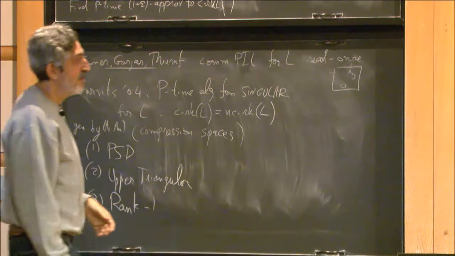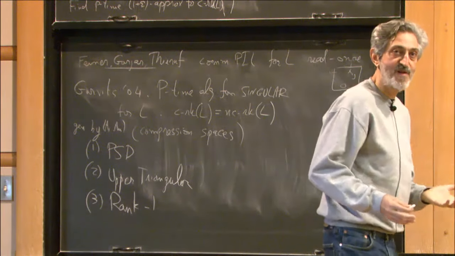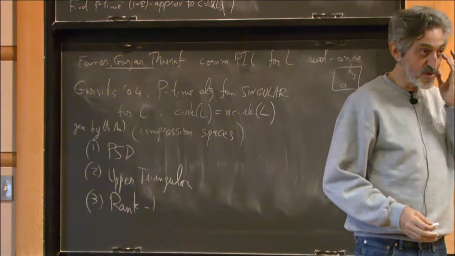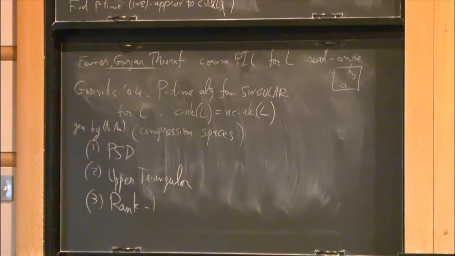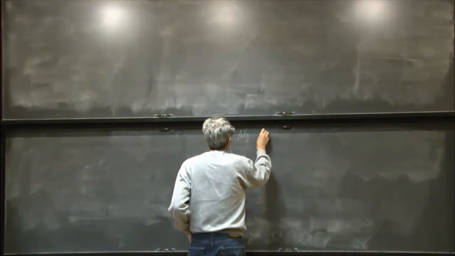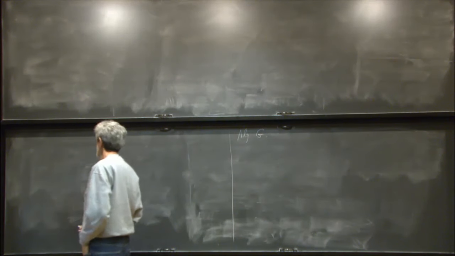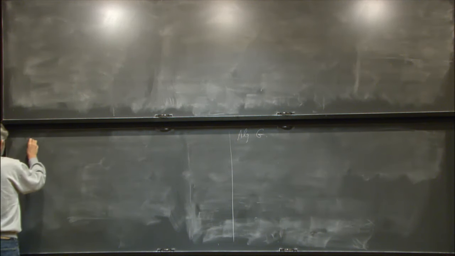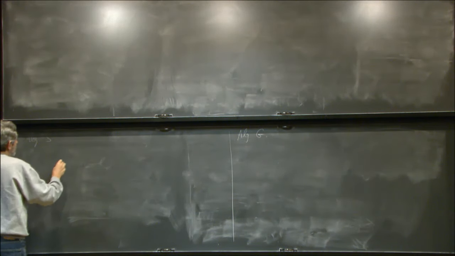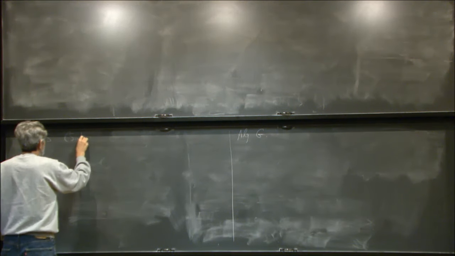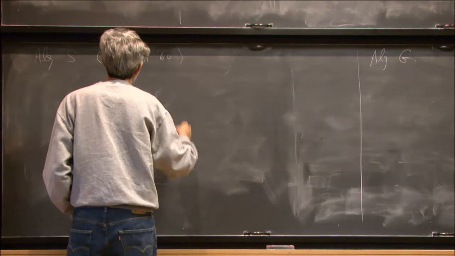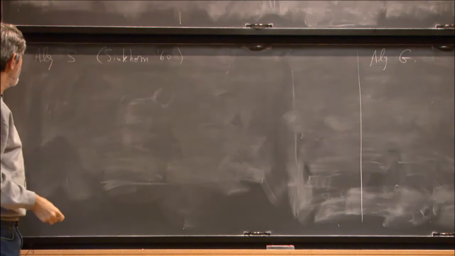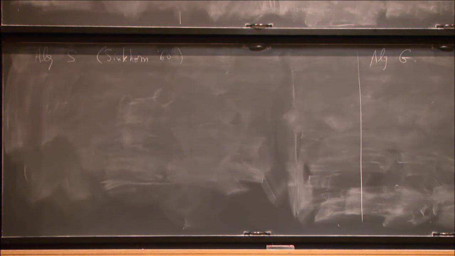Okay, so now we are moving to a different analogy between the commutative and non-commutative setting, because Gurvits' algorithm, let me write it here, algorithm G, is a quantum analog, so a non-commutative analog, of an algorithm that I'll call S. It was developed by Sinkhorn in the 60s for purposes of numerical analysis and stability of linear systems.